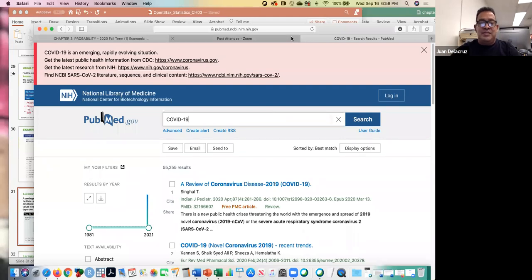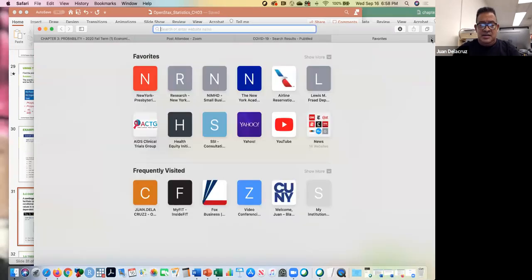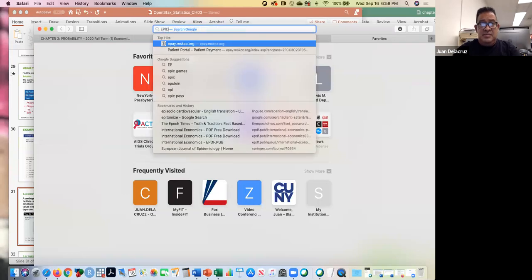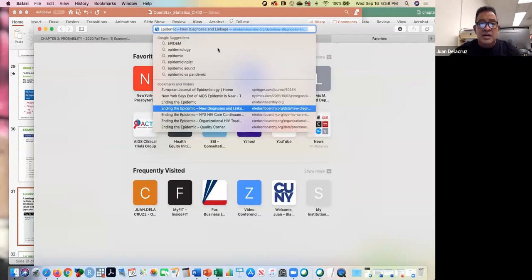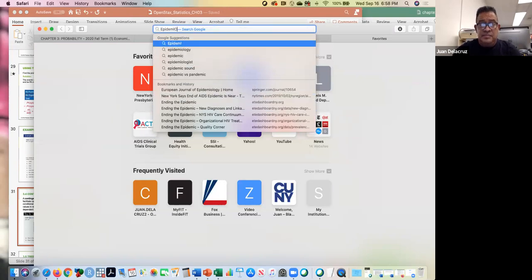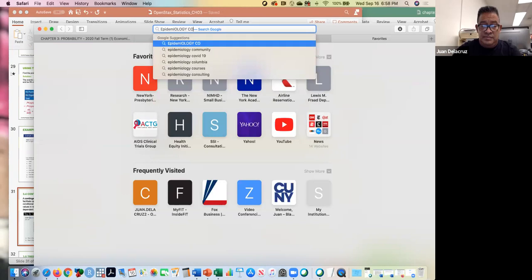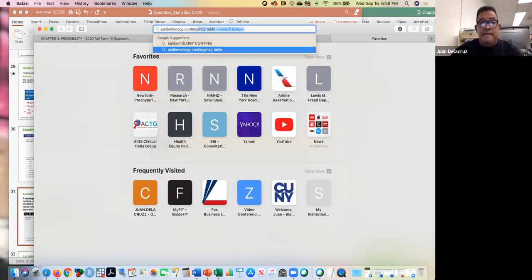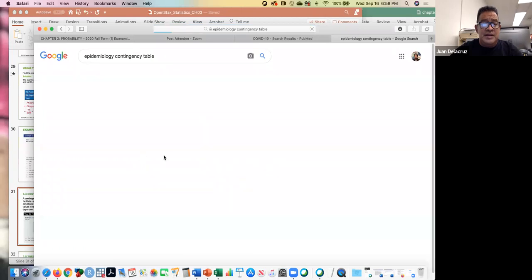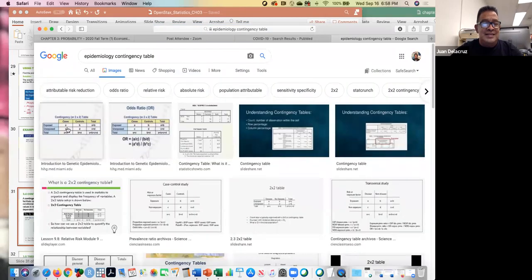So I was planning to find epidemiology. Basically, it's more or less like this: the number of cases and controls, exposed, unexposed. If you are following these clinical trials for the COVID vaccine, very likely they are using something like these contingency tables.